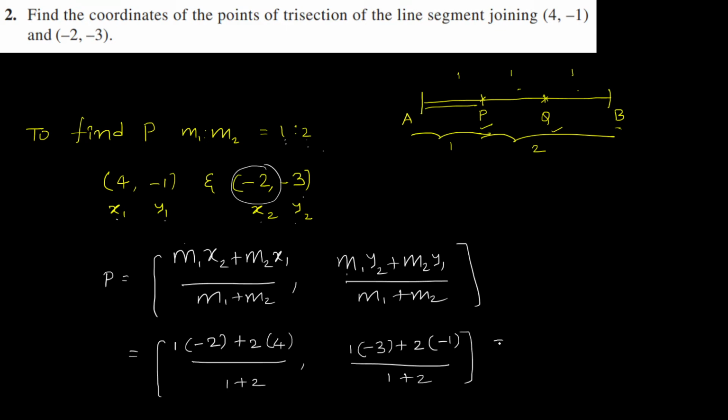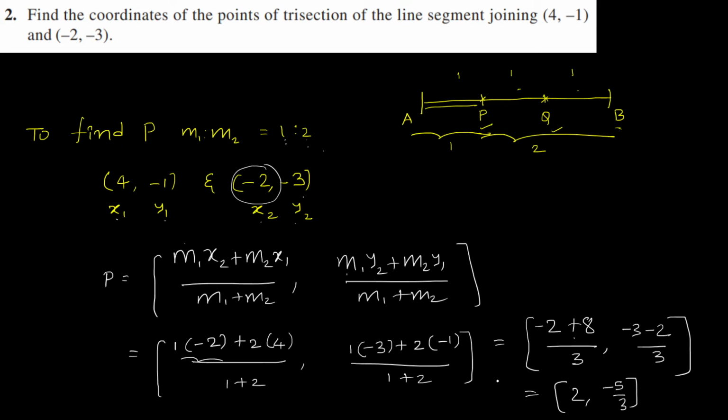So that would be 1 into -2 is -2, plus 2 fours is 8, by 1 plus 2 is 3, and 1 into -3 is -3, and 2 into -1 is -2, by 3. Ultimately it becomes 8 minus 2, 6, 6 by 3 means 2, comma, -3 minus 2 is -5 by 3. So in this way we got the point P.